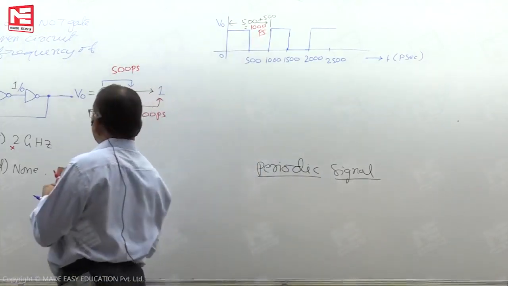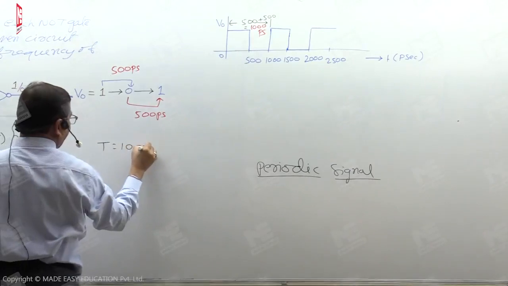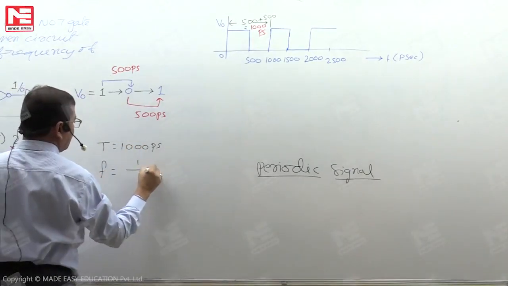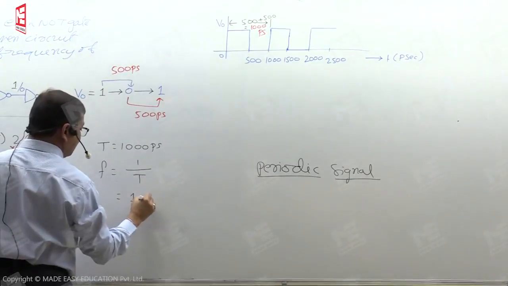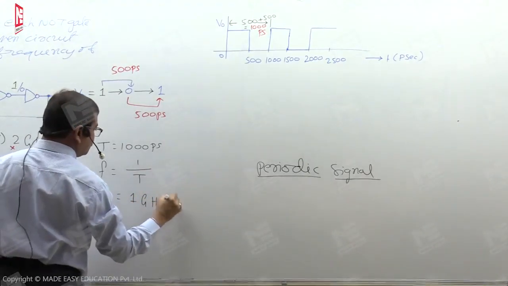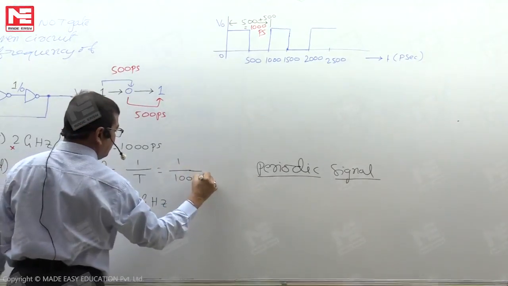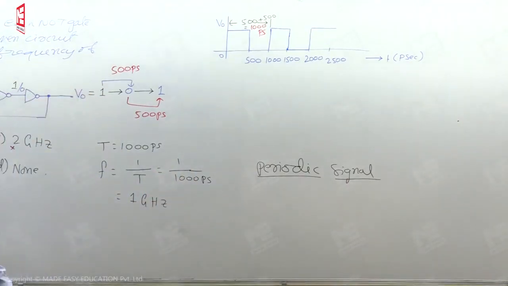Once the time period is 1000 picoseconds, then the frequency is 1 upon time period, which gives 1 gigahertz. So we have 1 upon 1000 picoseconds, and if we evaluate well, the answer is 1 gigahertz.